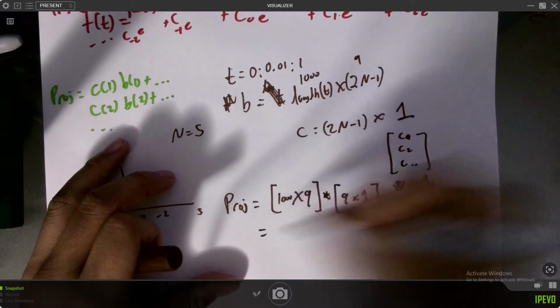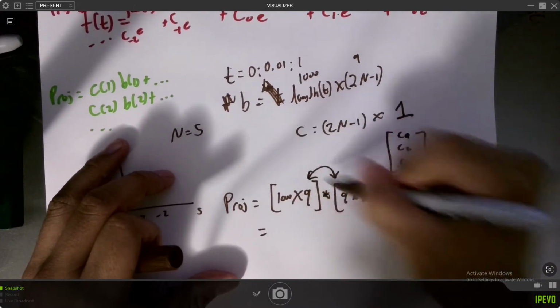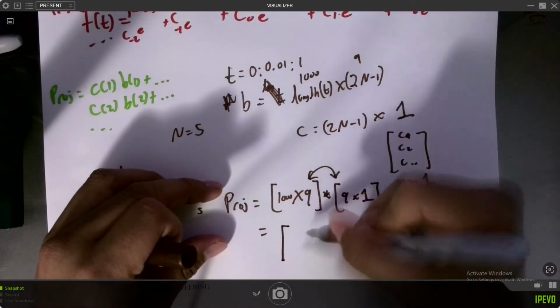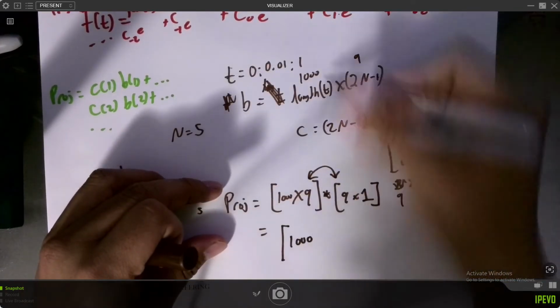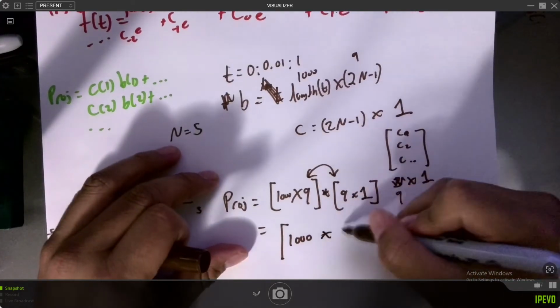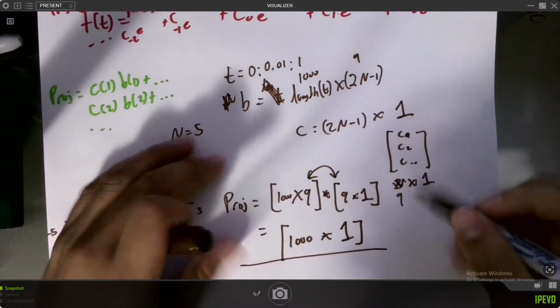These two 9s right here, when you do matrix multiplication, they combine. That means your final result is going to be 1,000 points. I'm assuming t is going to have like 1,000 points in it by 1. And that right there is your signal.